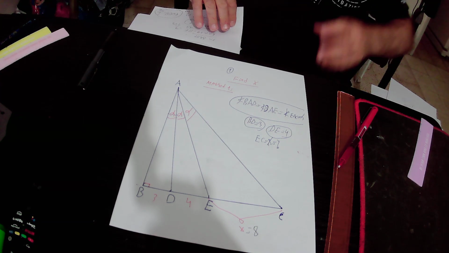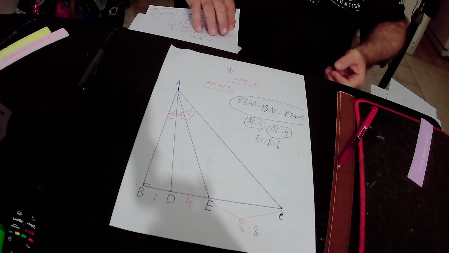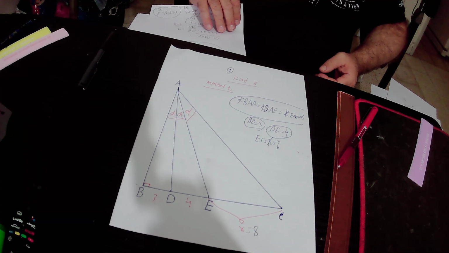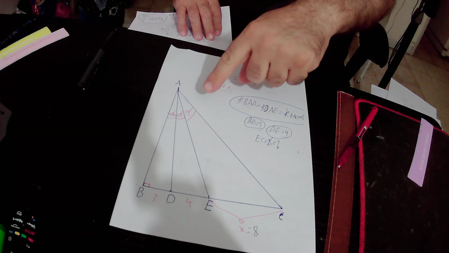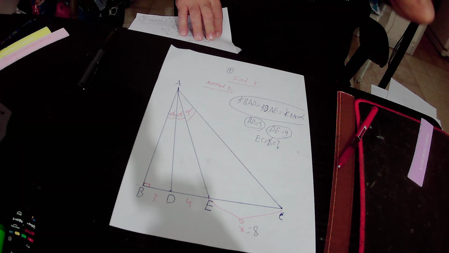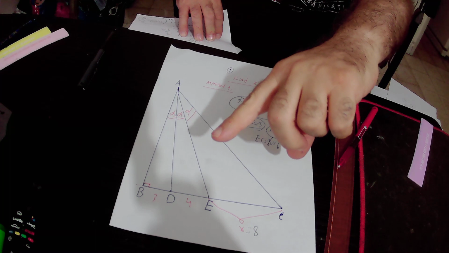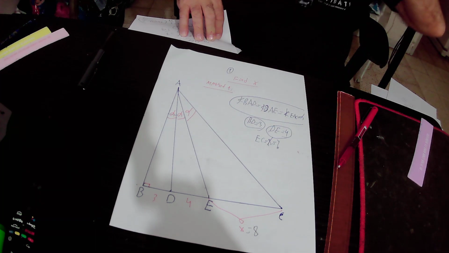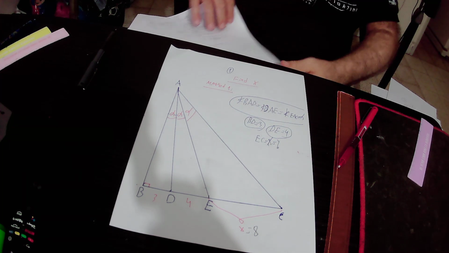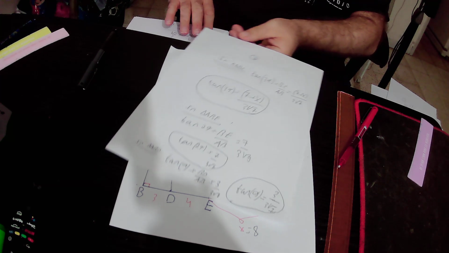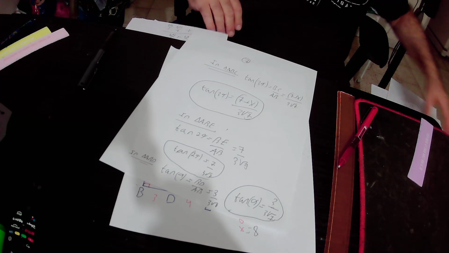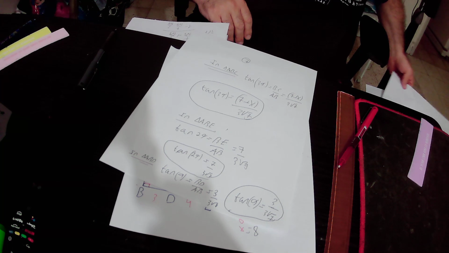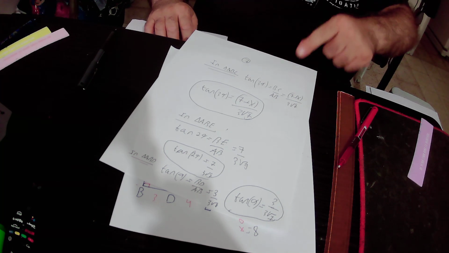And then in the big triangle, triangle ABC, we know that tangent 3 alpha equals BC over AB.